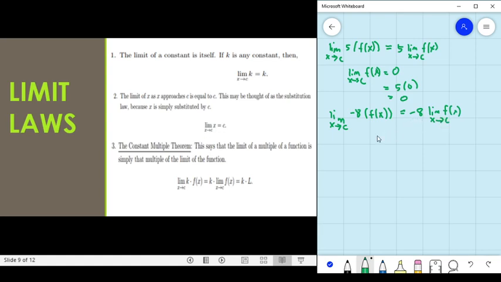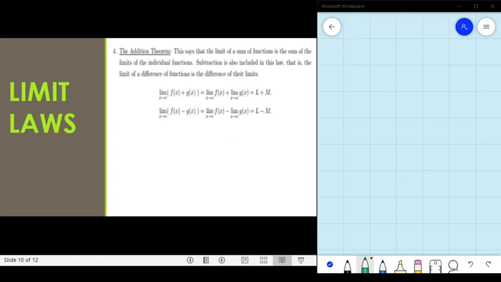Okay, so for example, ang limit of f of x as x approaches c is equal to 5. Therefore, we can say that this one would be similar to -8 times 5, which is similar to -40. Okay? Yes.